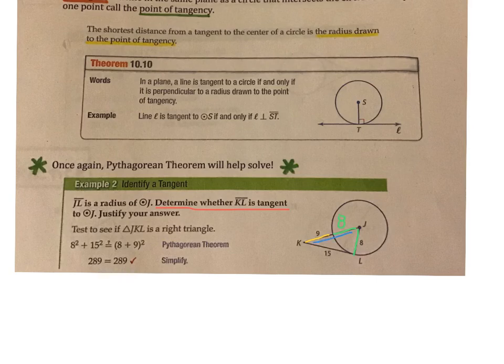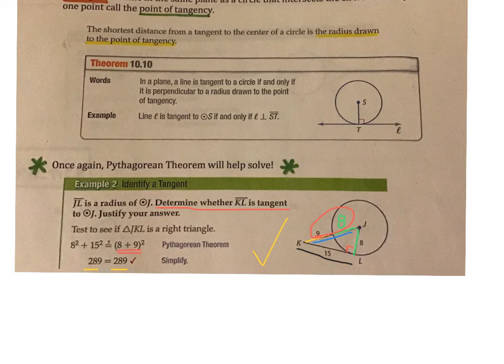Remember, you're always looking for where's the 90-degree angle, because that's how you know what is c squared. So in this case, 17 is going to be c squared. They showed you right here. So it would be 8 squared plus 15 squared equals 17 squared. And if you get the same answer, then you know that yes, check mark, line KL is tangent to the circle.